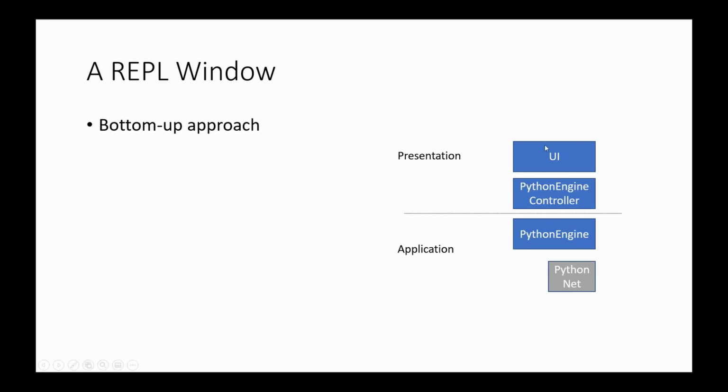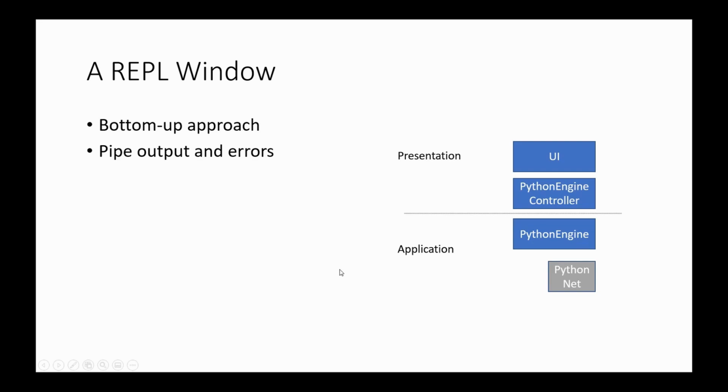And finally, the user interface at the very top is where the REPL window itself will be located. There's going to be some XAML involved here, C# obviously, and some Python as well. At the end, of course, we should be able to capture the outputs and errors in our new REPL window.